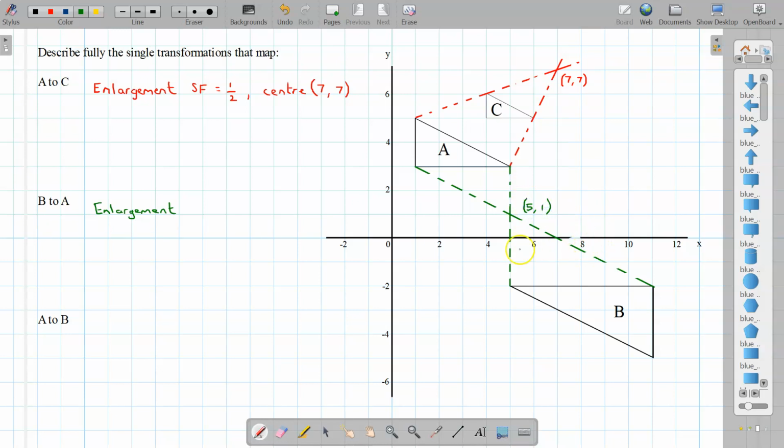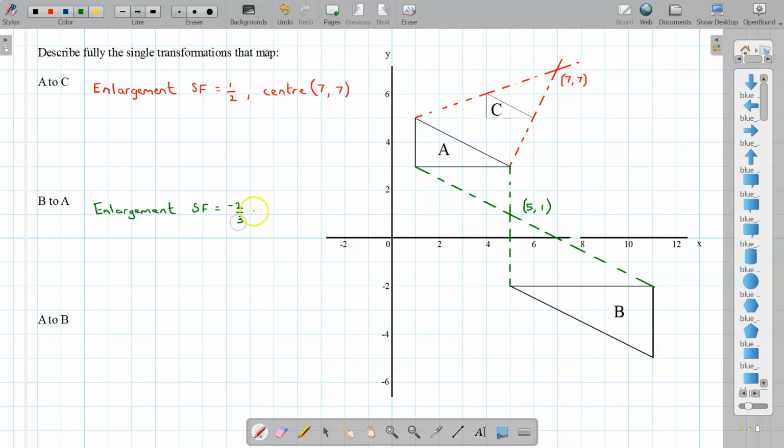And the scale factor: to go from B to A, this is 6 and this is 4, which is 2/3 of 6. The height of this is 3, the height of this one is 2, which is 2/3. So, remembering we're going from B to A, the scale factor is negative 2/3.